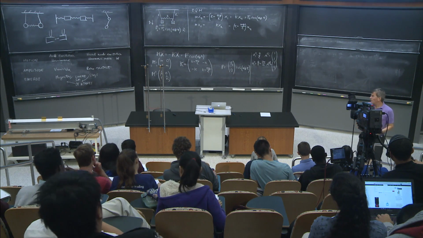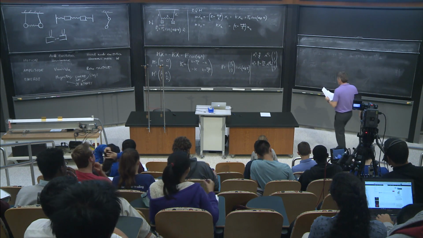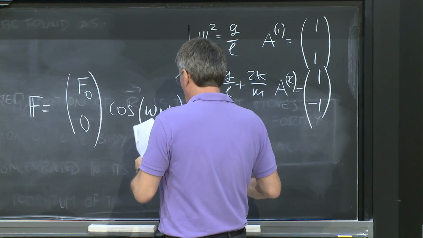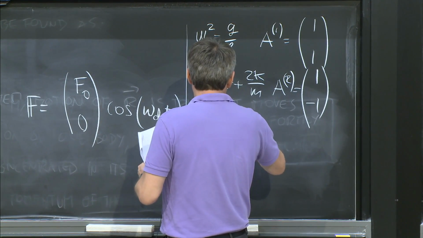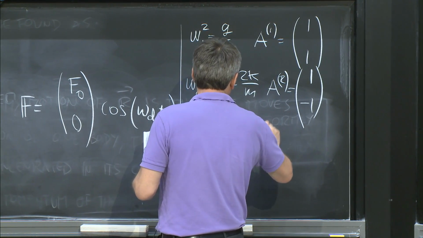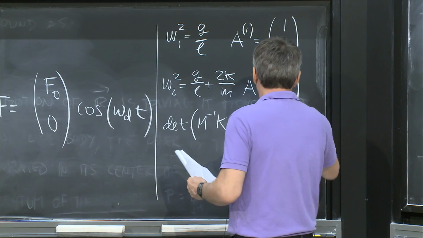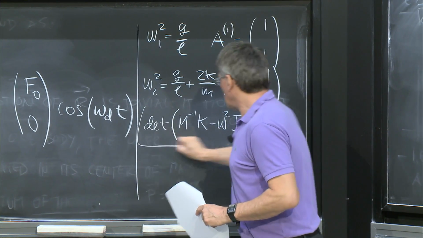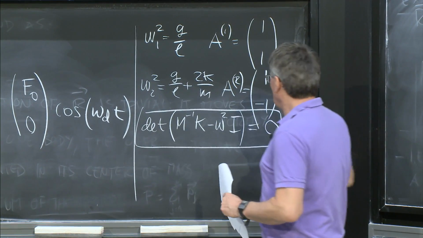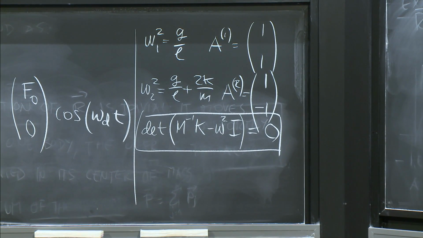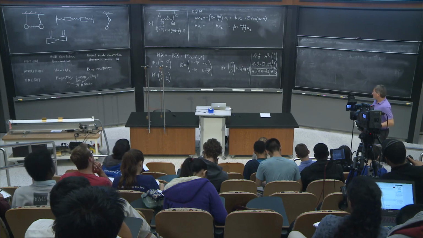And the criterion for when we were looking for solutions, we would find them by calculating the determinant of this 2 by 2 matrix. It was the determinant of M inverse K minus omega squared times the unit matrix equal to 0. So this was the equation that had to be satisfied for frequencies corresponding to normal modes with 0 external force.